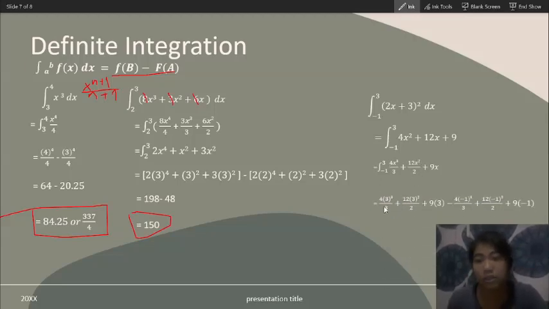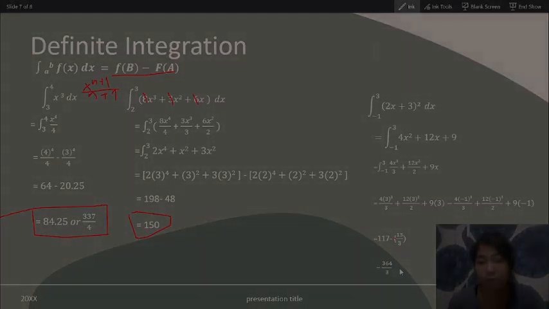So you can also do that, just like in this example. 4 times 3 cubed over 3 plus 12 times 3 raised to 2 over 2 plus 9 times 3 minus 4 times negative 1 raised to 3 over 3 plus 12 times negative 1 raised to 2 over 2 plus 9 times negative 1, and we have the answer of 117 minus, this is negative, sorry, this is negative 13 over 3, and because of that we'll have the answer of 364 over 3.